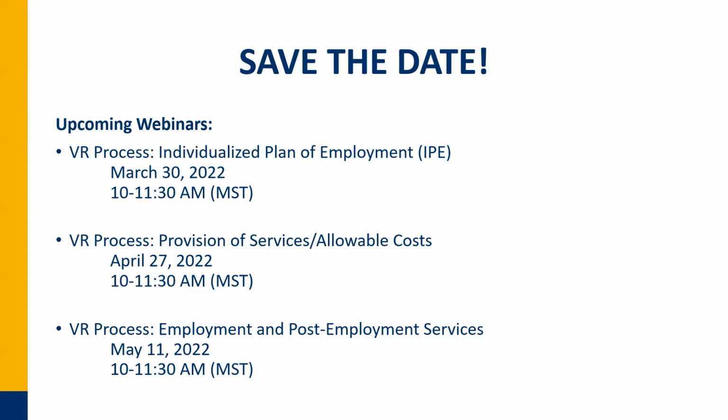Then it could be next day, a week, or 2 weeks before they're obtained. Once the program received that application and the VR counselor signed it, that's when the clock started, not when the applicant signed it. That's just a few things I wanted to share. So that's it. Thank you.